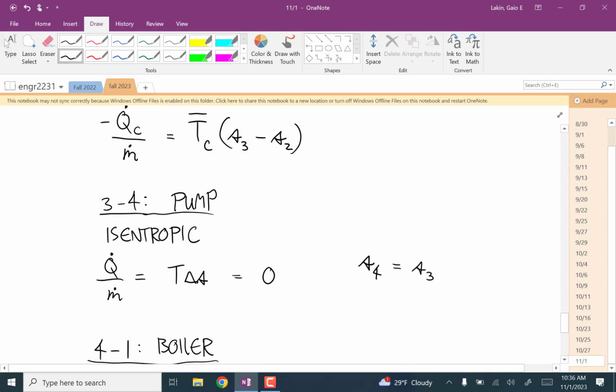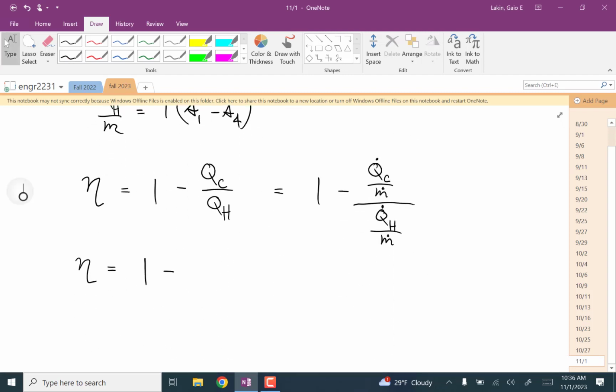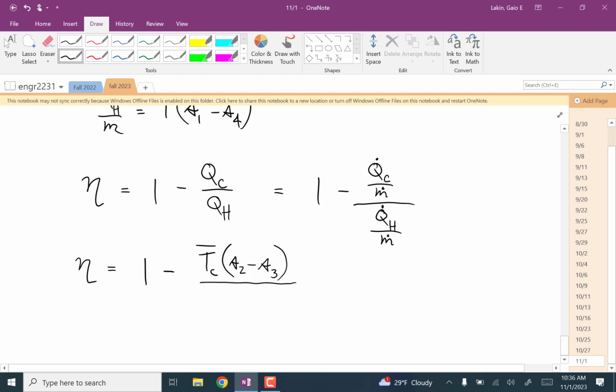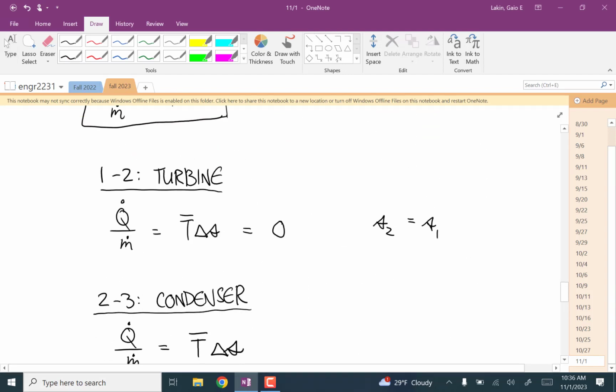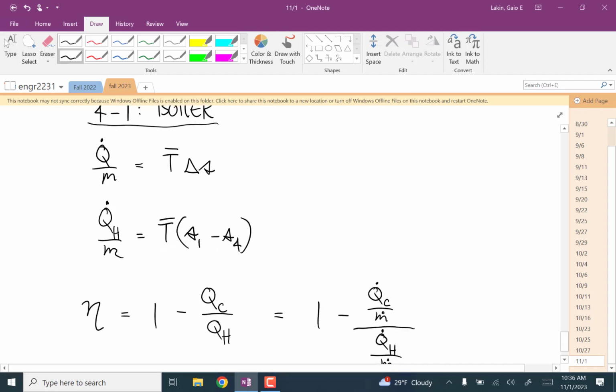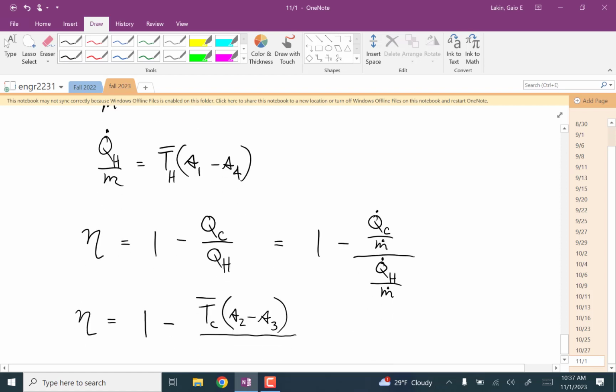So we have T C average times the quantity S2 minus S3 because of that negative. And now we're dividing that by Q H dot over m dot. That's at the boiler, so I'll write this as the average temperature at the boiler times S1 minus S4.